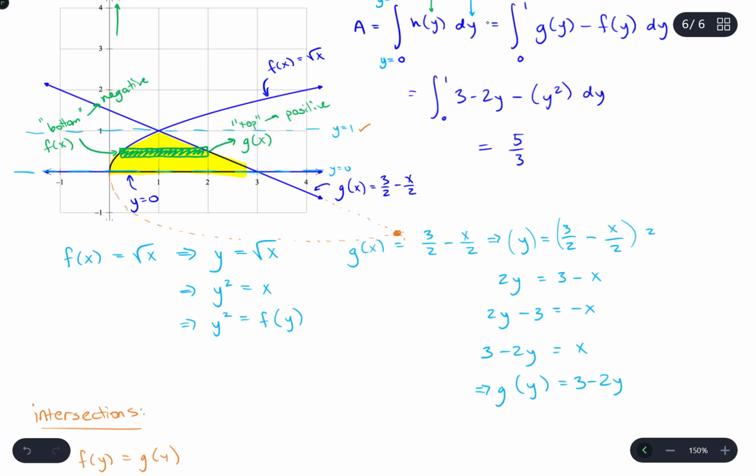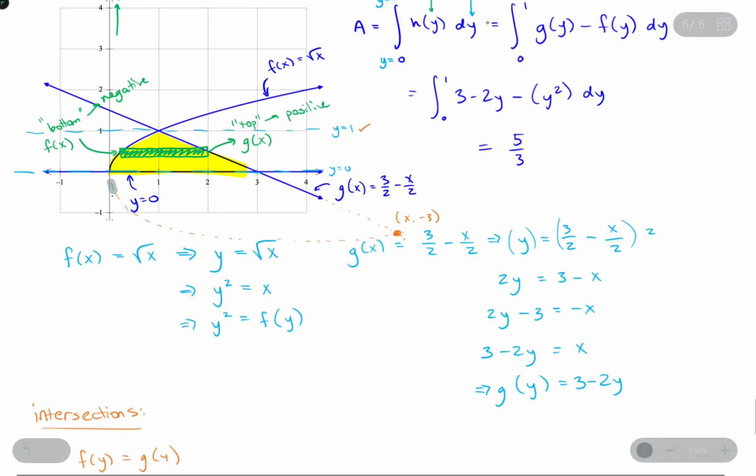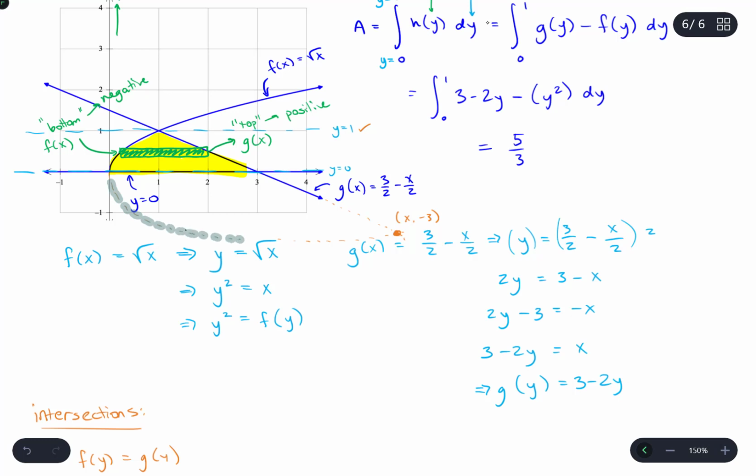So there's going to be another intersection somewhere, and that's what's happening. This is at some x value and -3 is what that's telling us. But our region is trapped between these two curves and the x-axis, so we know this is the only portion that we're interested in. So this part down here doesn't really make a lot of difference to us.